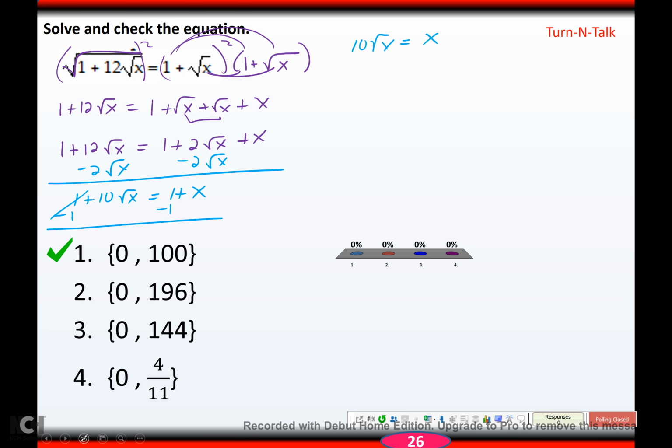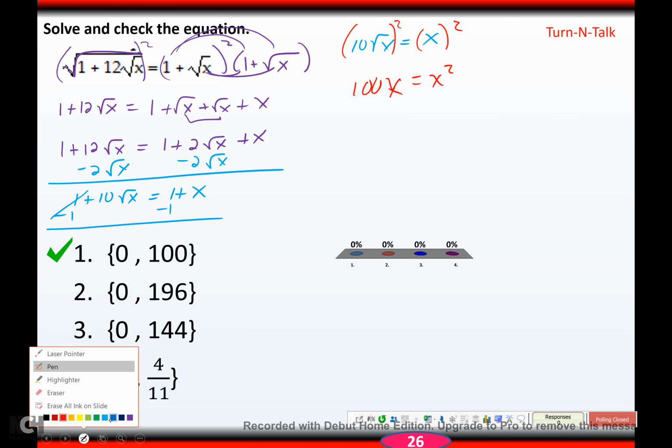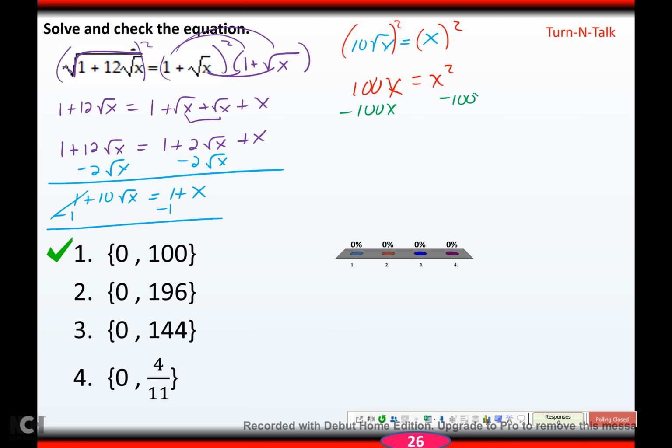I can go ahead and square, I could divide by 10, but again, as long as you have a multiplier, you can go ahead and eliminate. So that's going to be 100x equals x squared. I need to get 0 on one side, so minus 100x, minus 100x. I get 0 equals x squared minus 100x.